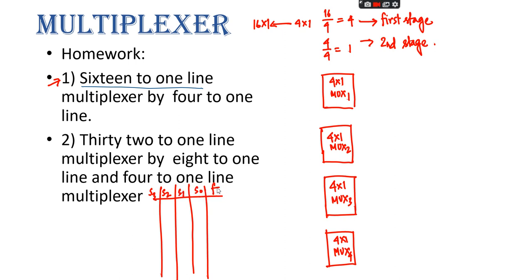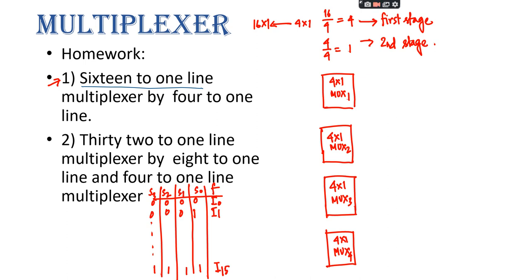And if you see output F, the combination can start from 0, 0, 0, 0, and the output should be I0. Then 0, 0, 0, 1, the output should be I1. Then it should go up to 1, 1, 1, 1, and my output would be I15, right?